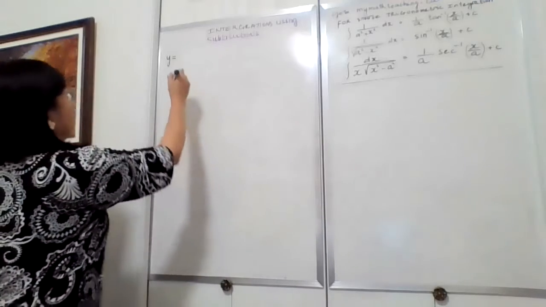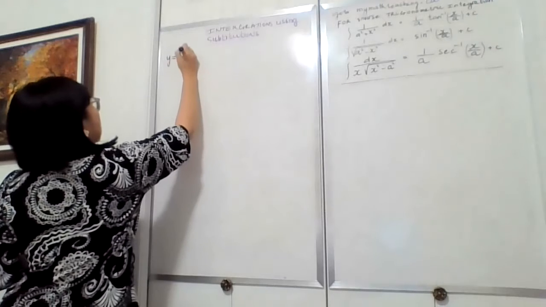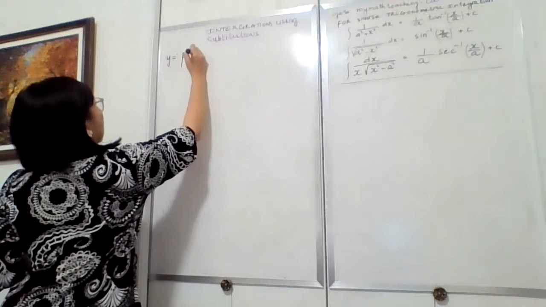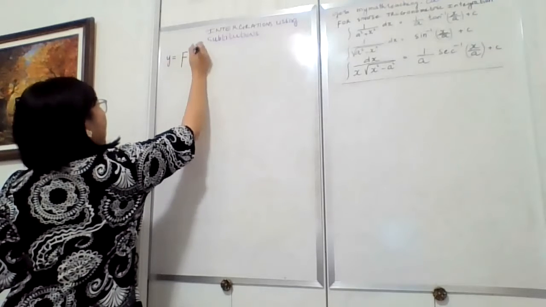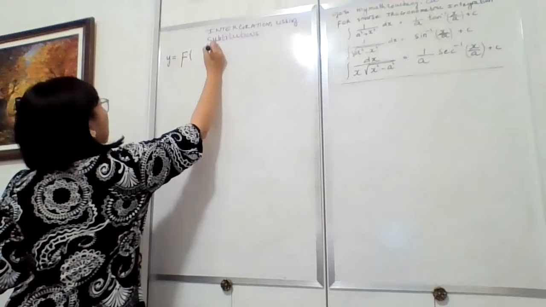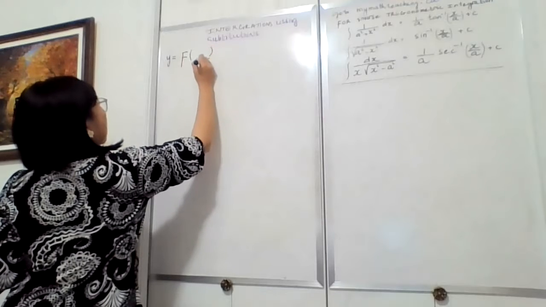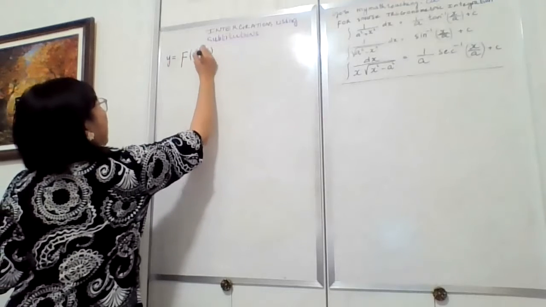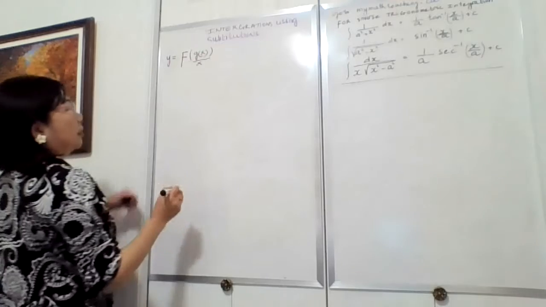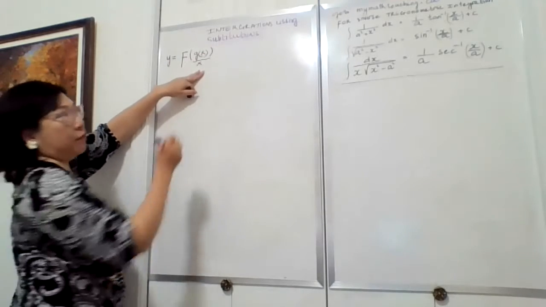Let's say your function y equals f of x, but your x here is g of x, the inner function. This we call a composite function.